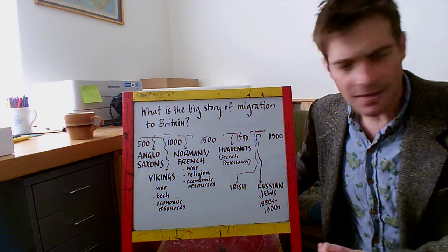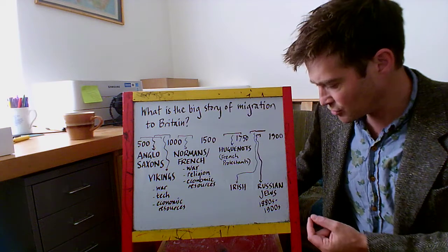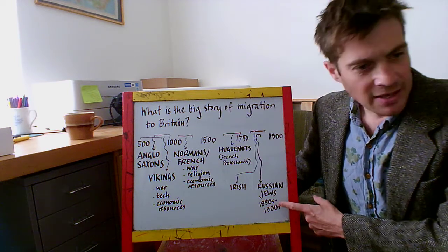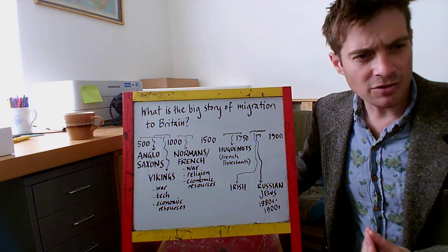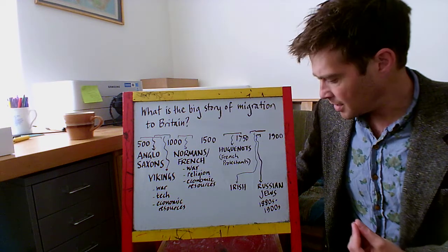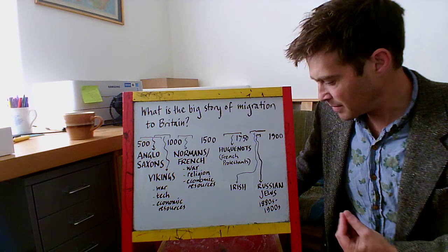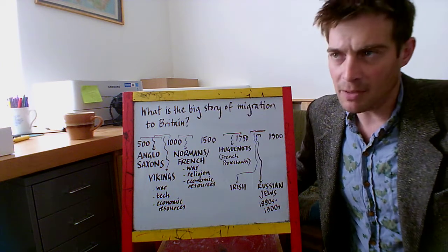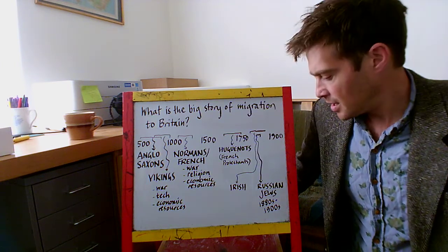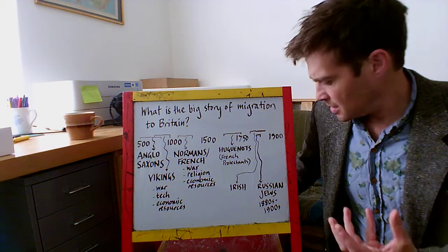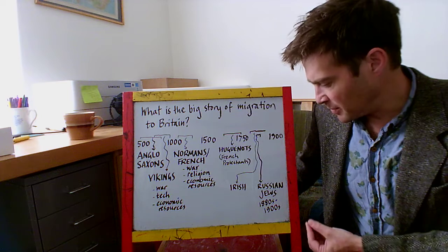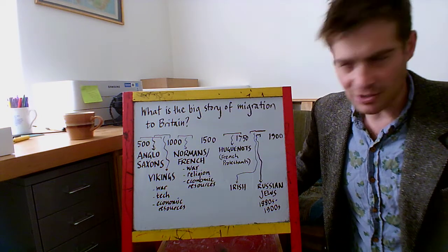A little bit later in the 19th century, from around the 1880s to the 1900s, there was a large influx of migrants coming from Russia, who were members of the Jewish religion, being persecuted in their country. We're going to look in detail at the causes for that persecution. Again, most of those people wanted to go to the USA.